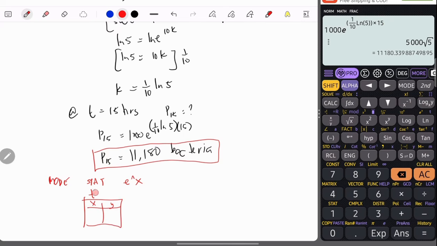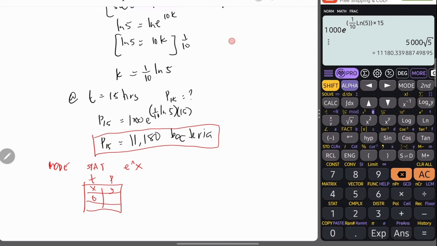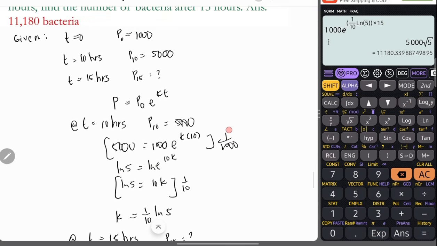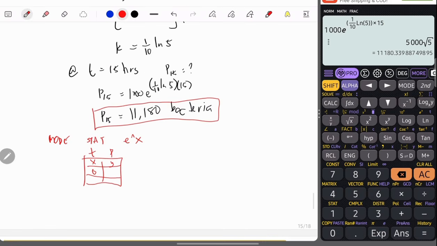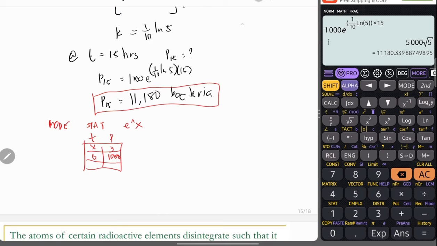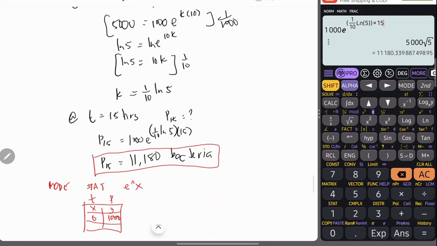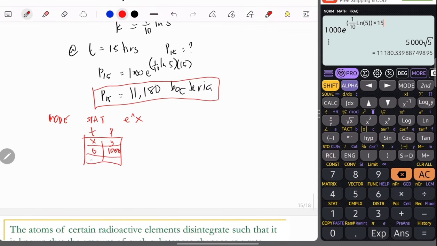X is the time. Y now is the population. So when the time is 0, the population is 1,000. When the time is 10 hours, 5,000.